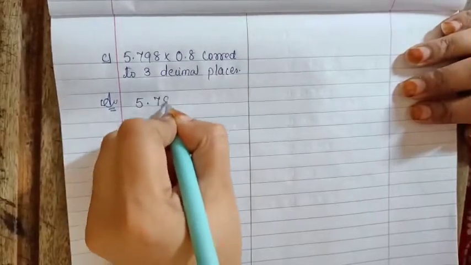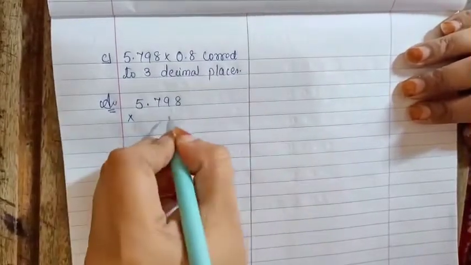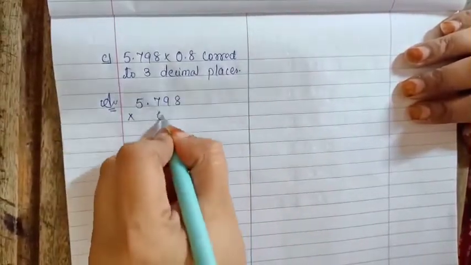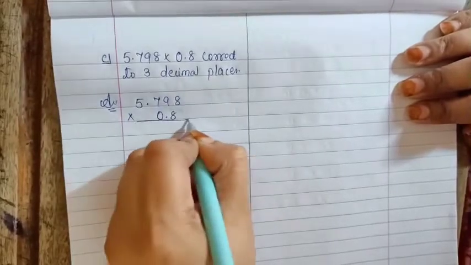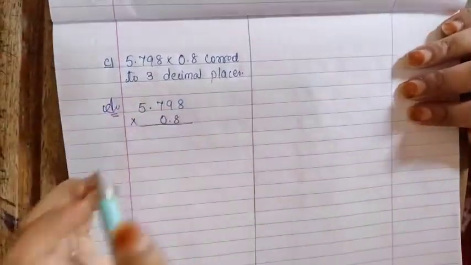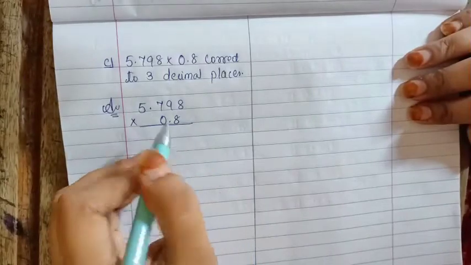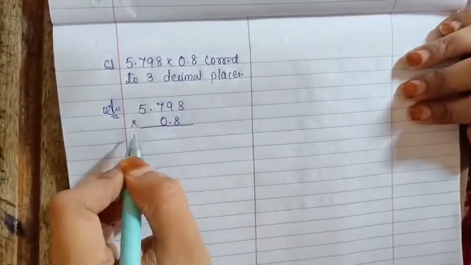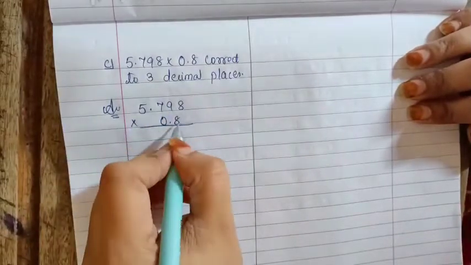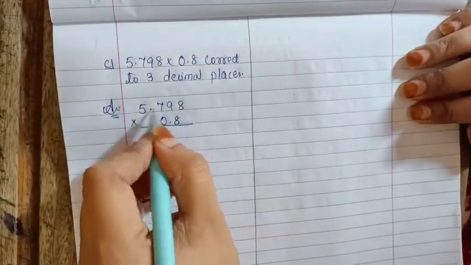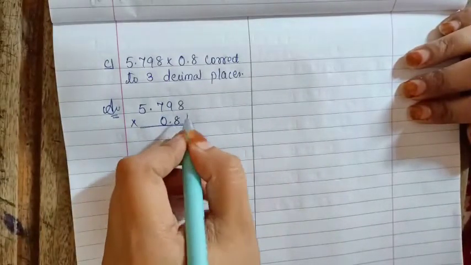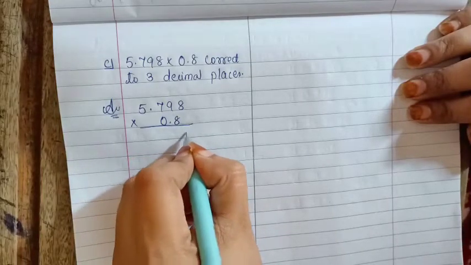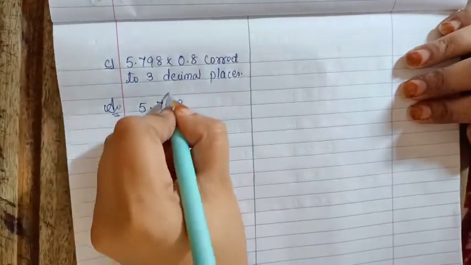5.798 multiply by 0.8. Now here first we will forget the decimal. We will do only multiplication. Now 0 8s are 0, so with 0 we will get 0 only. So we can do directly with the help of 8. 8 8s are 64. 4 is here, 6 carry.